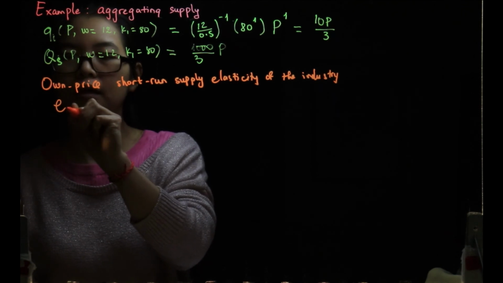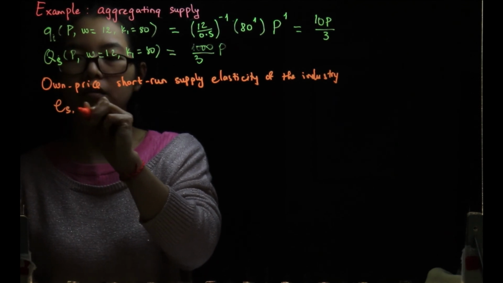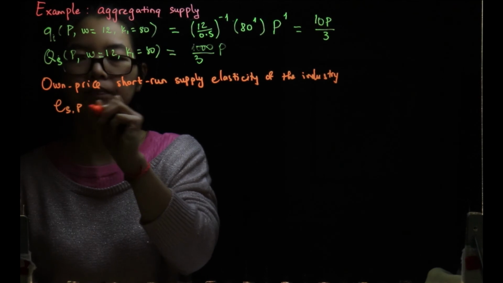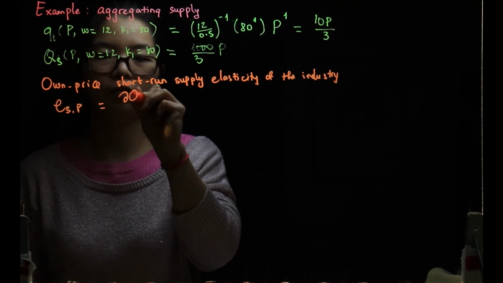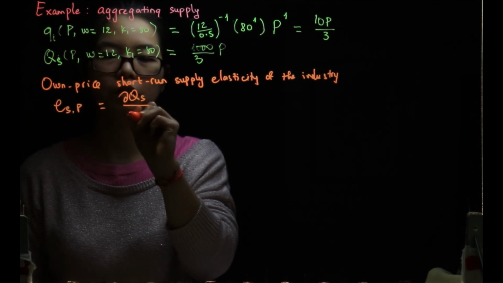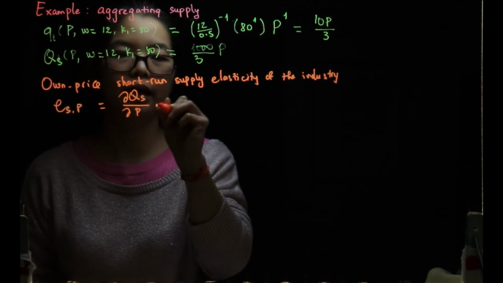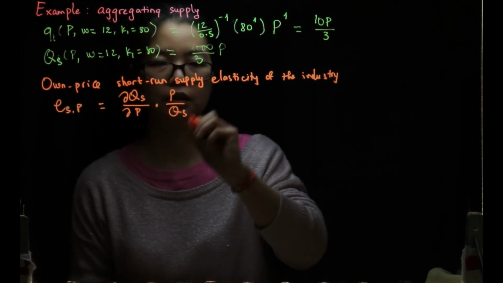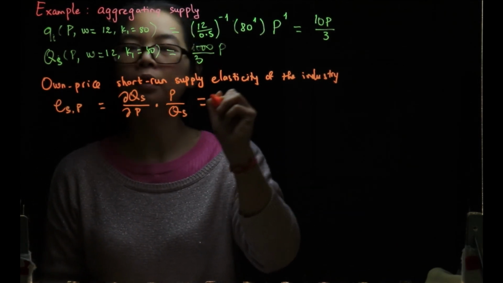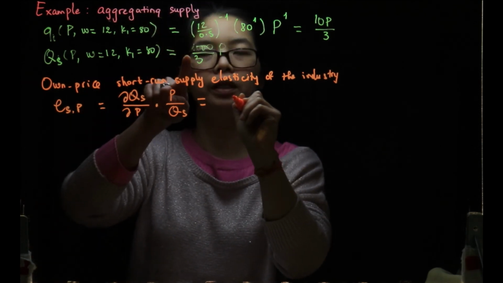E of supply with respect to P equals the derivative of QS with respect to P times P over QS, standard. So here, QS.